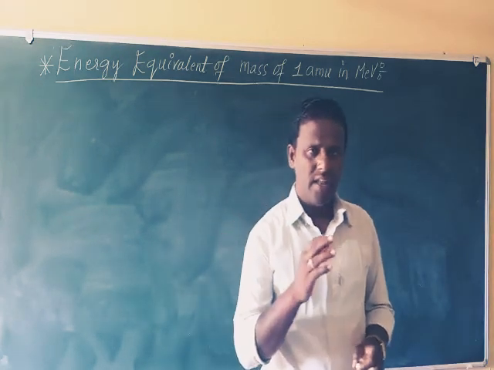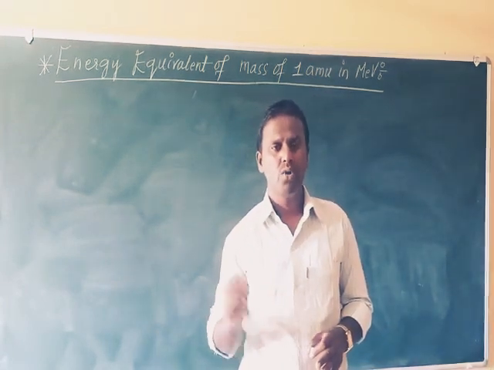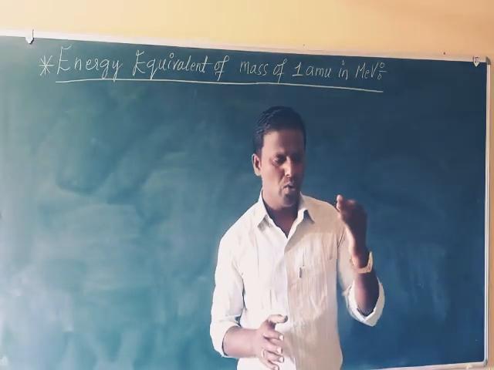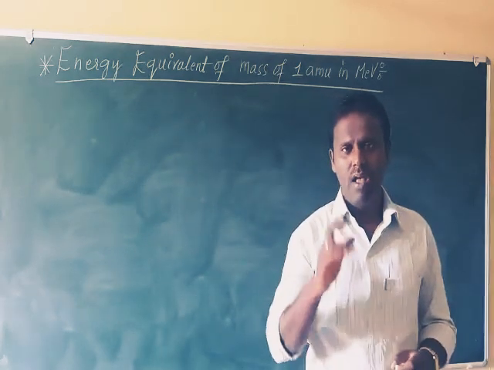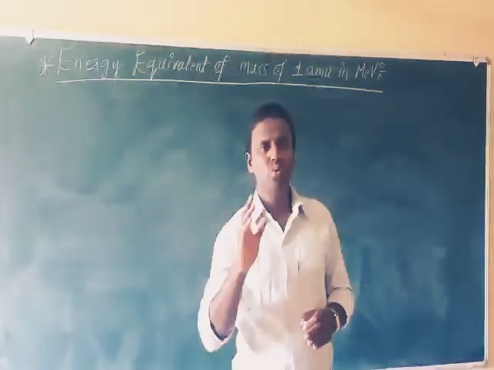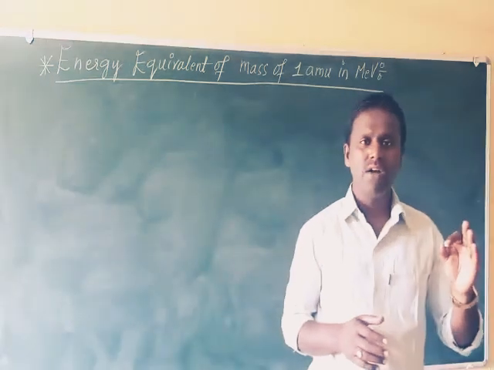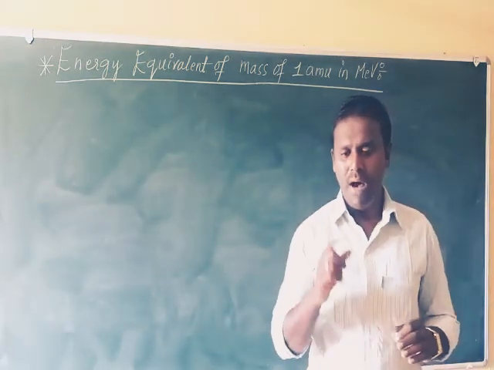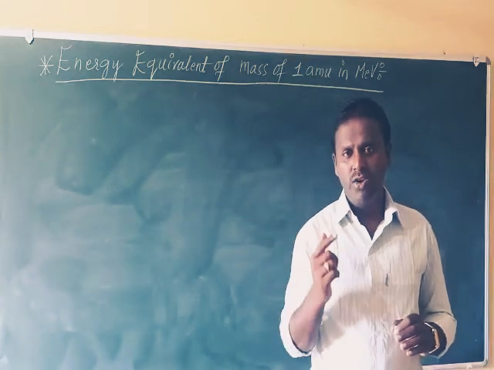And energy means it is the ability of our body to do some work. If you want to perform a work, you must have the energy. Energy and mass, these are the two similar quantities which can be converted to one another. Mass is converted into energy, energy is converted into mass.